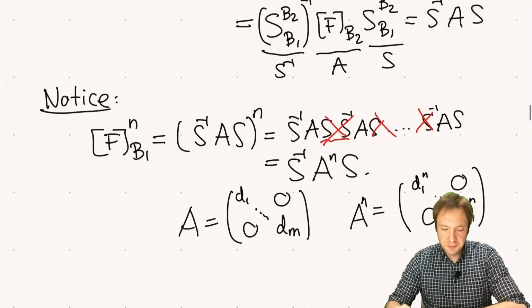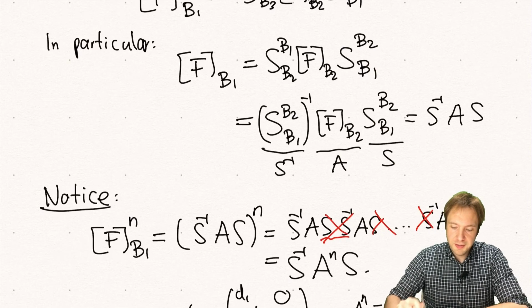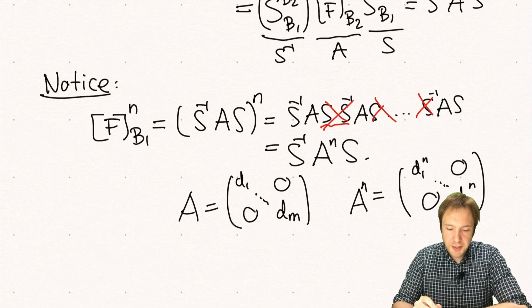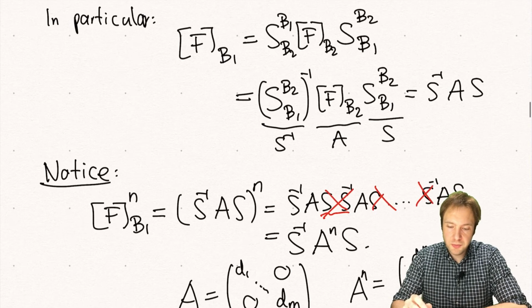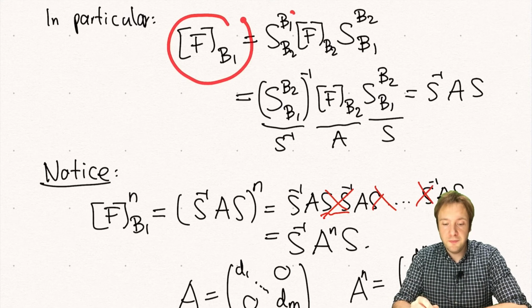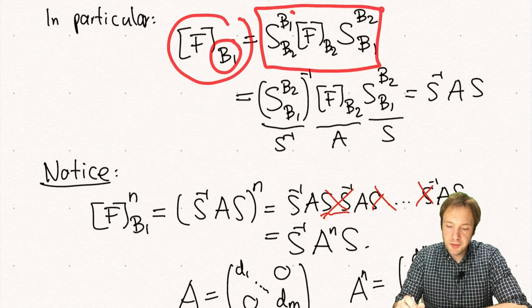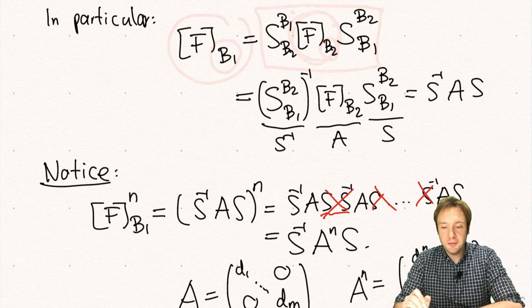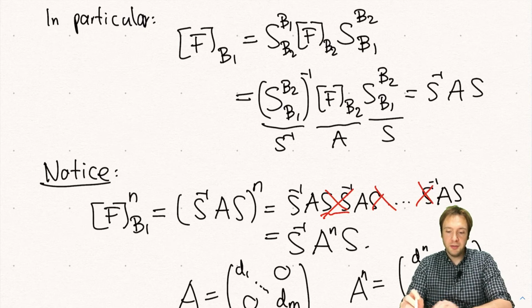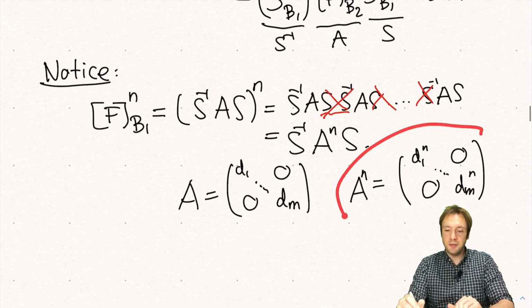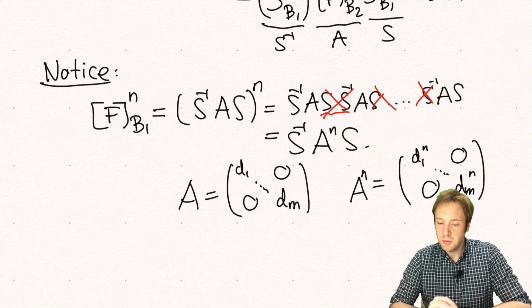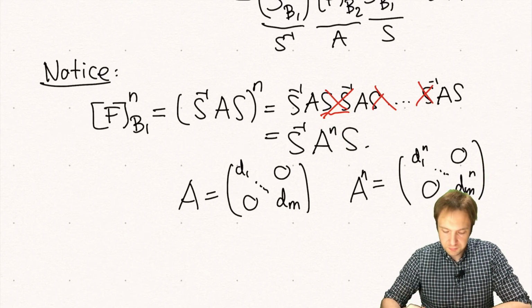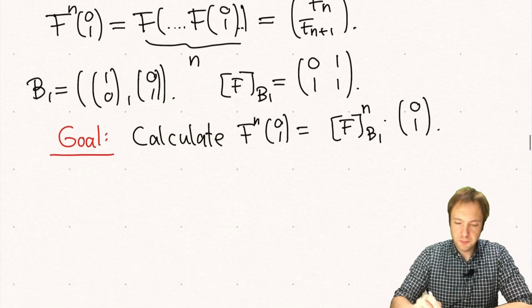And now the idea is to go back here to find a basis B2 such we can write our F, which is now written in the standard basis B1, as a matrix product like this, where this matrix here of this linear map F with respect to this new basis is maybe a diagonal matrix, because a diagonal matrix is quite easy to multiply with itself.